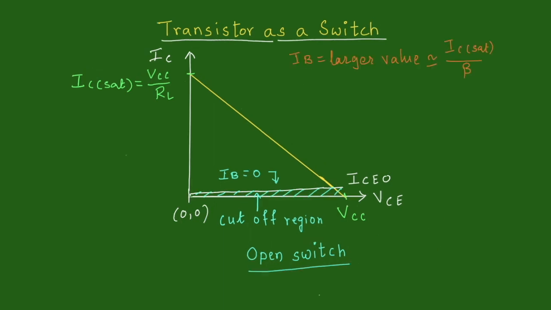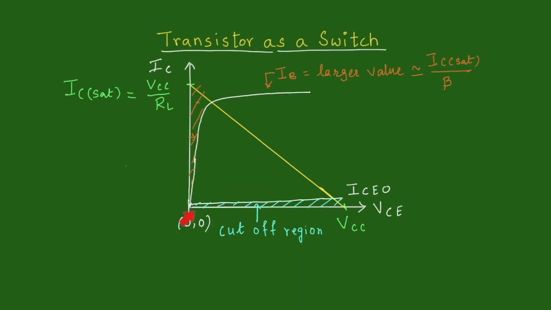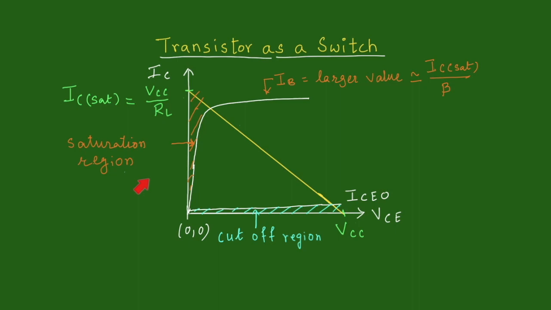If we select IB very close to IC saturation upon beta, where beta is the current gain of our transistor, we will get the transistor characteristic curve with maximum collector current very close to IC saturation value. Now the part of the graph which is between the characteristic for IB equal to IC saturation upon beta and the y-axis is called as saturation region.